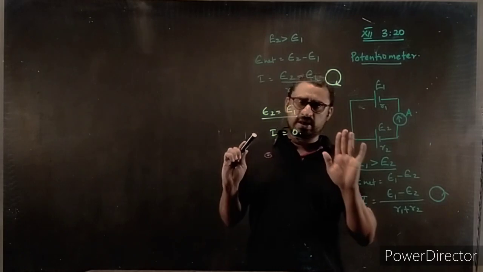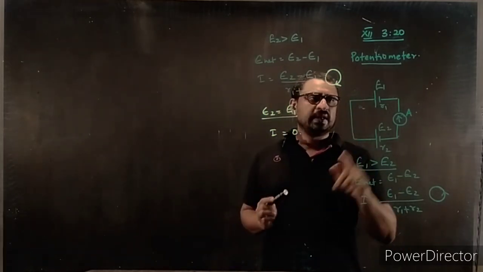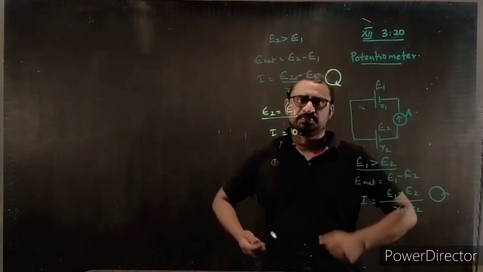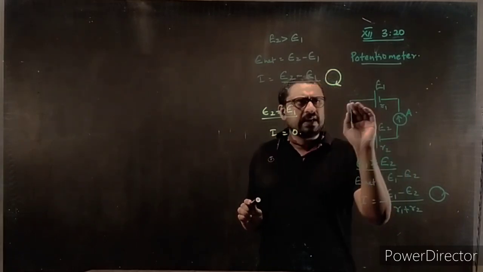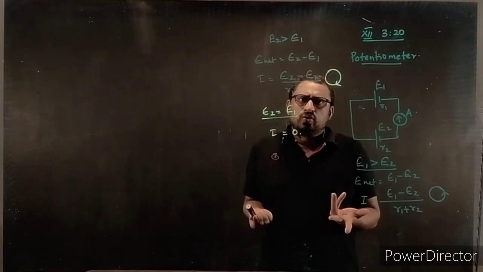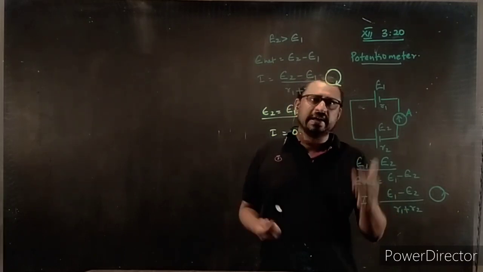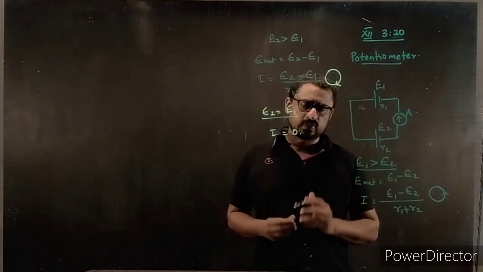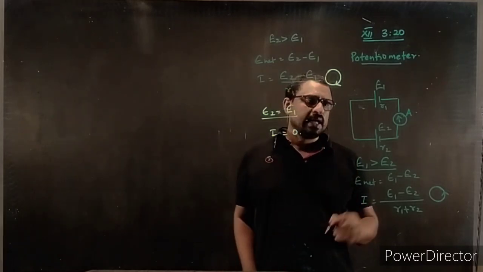Listen very carefully. Imagine E1 is a cell that you don't know, whose EMF you don't know. You don't know the value of the EMF and you want to find it. So this is an unknown cell whose EMF you want to find.